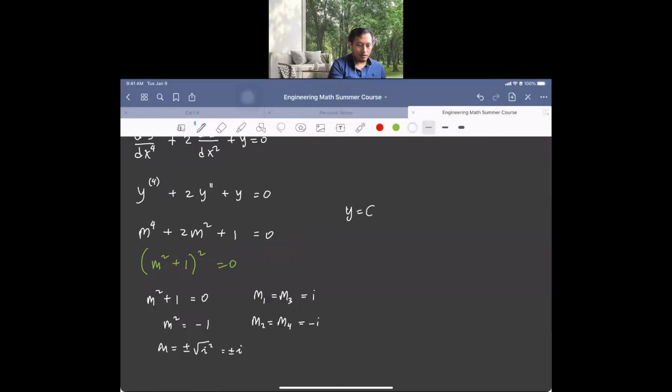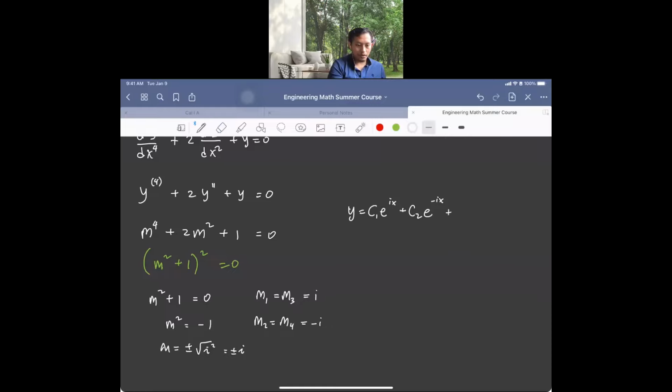First, let's just write the rough solutions: C1 e^(ix) plus C2 e^(-ix) plus C3 e^(ix) plus C4 e^(-ix). Sorry, it should be having the multiplicity, so it should be having x: C3 x e^(ix) plus C4 x e^(-ix).